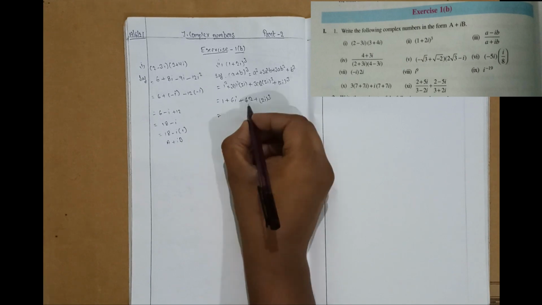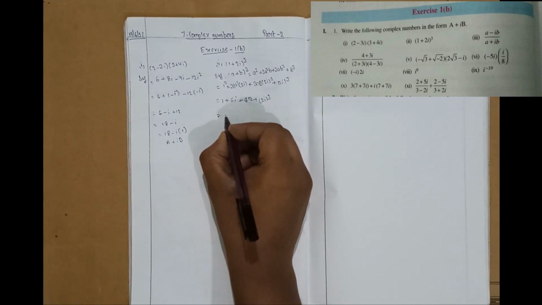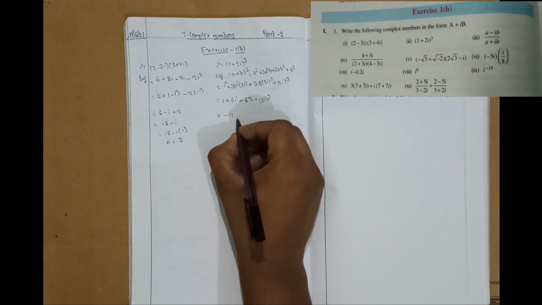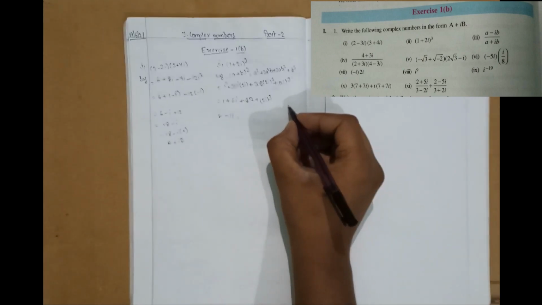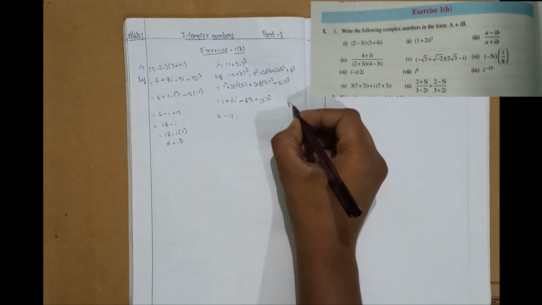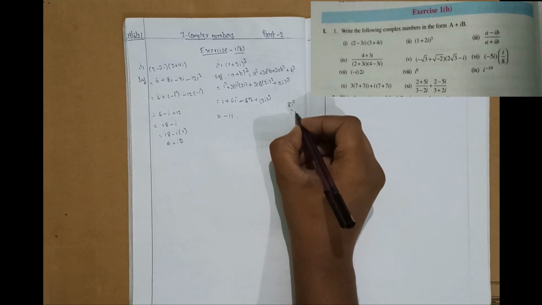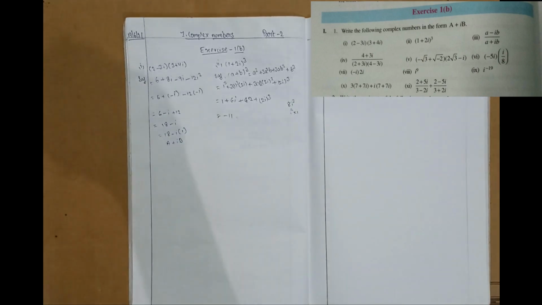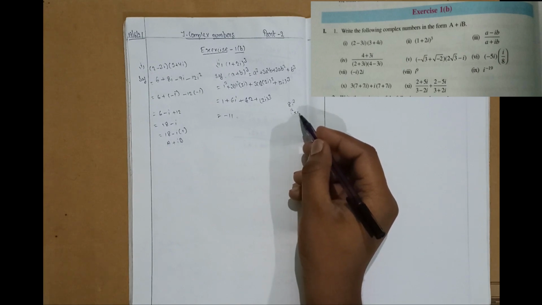Plus (2i) whole cube. Minus 12 plus 1 means minus 11. (2i) whole cube means 8i cube. i cube means i square into i, and i square is minus 1, so minus i.